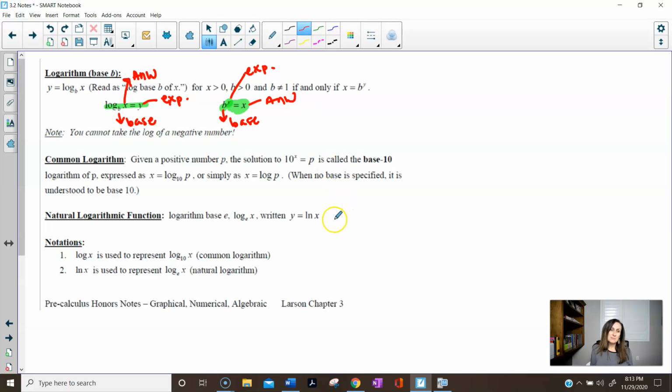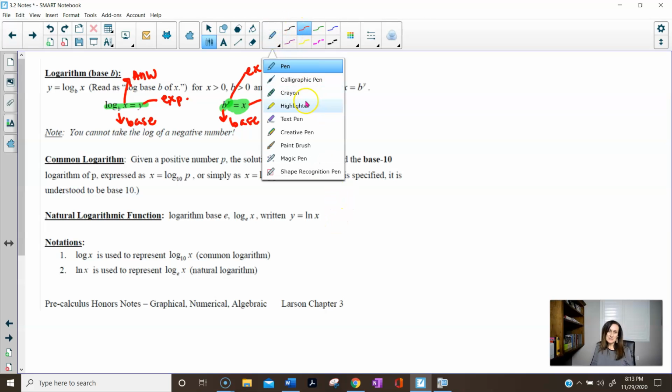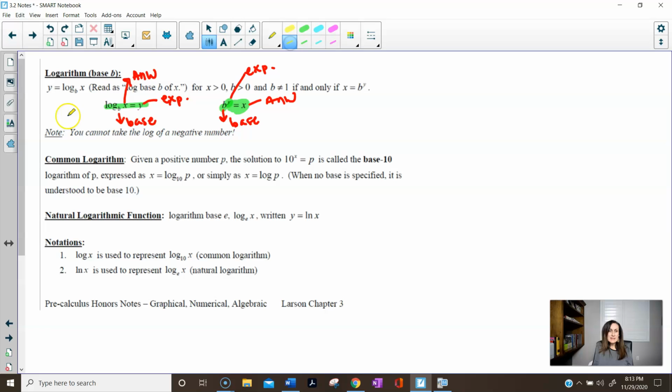Now, something to note about logarithms: x, your answer, has to be greater than 0.